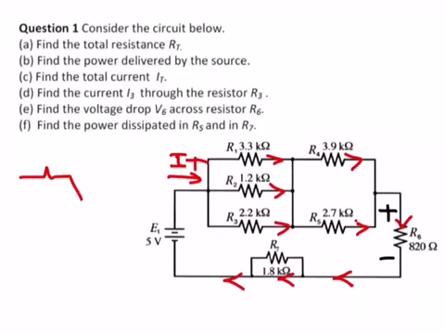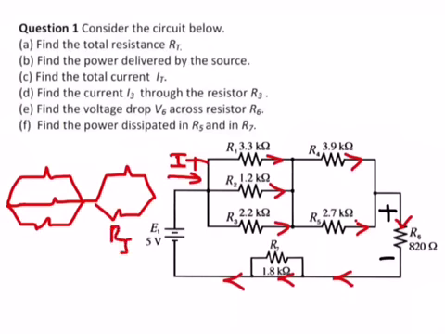So this is R1, R2, R3, and then I can simply draw R6, and then I have the other ones, R4 and R5 here.